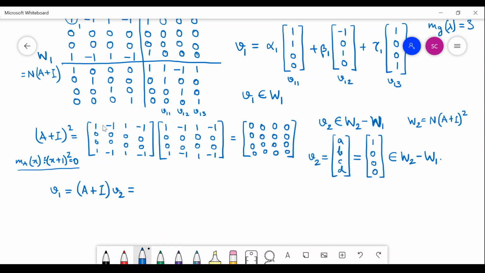We know A + I is this matrix, and v2 is 1 0 0 0, which means if a matrix is multiplied with this vector, the first column of that matrix is taken out. So v1 becomes 1 0 0 1. This becomes v1 for this selection of v2.